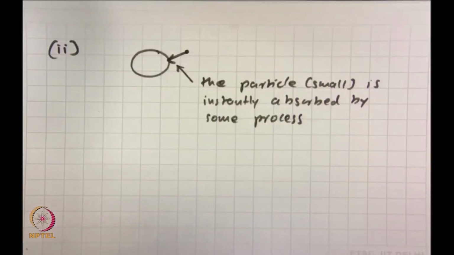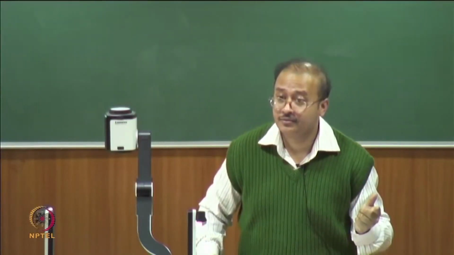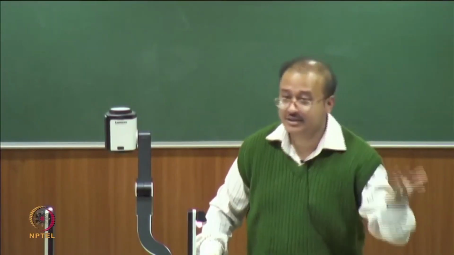What does it mean? That means the moment the substrate comes to the enzyme, it immediately reacts. It is an immediate transformation. So, there is no time lag. So, this is an assumption, remember.